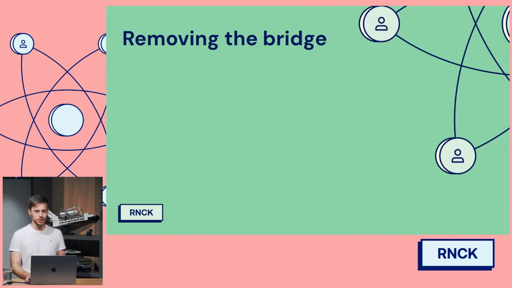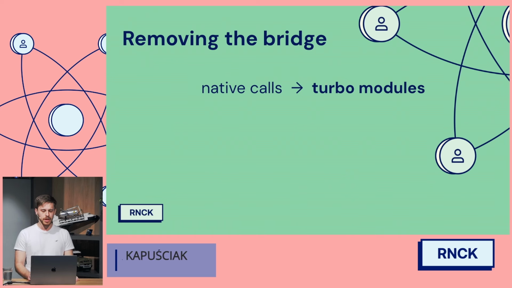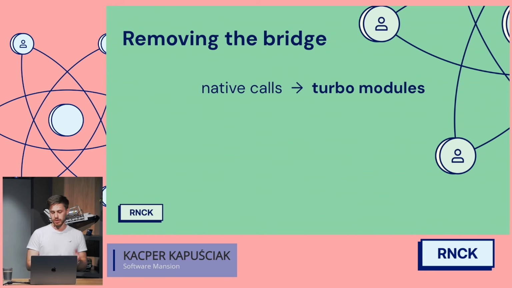And the goal is huge because everything in React Native is based on the bridge. The bridge is a way of passing data between the JS side of the app and the native side. They've removed the bridge in the new architecture, at least the native parts, so native calls with TurboModules, and it's using JSI underneath.